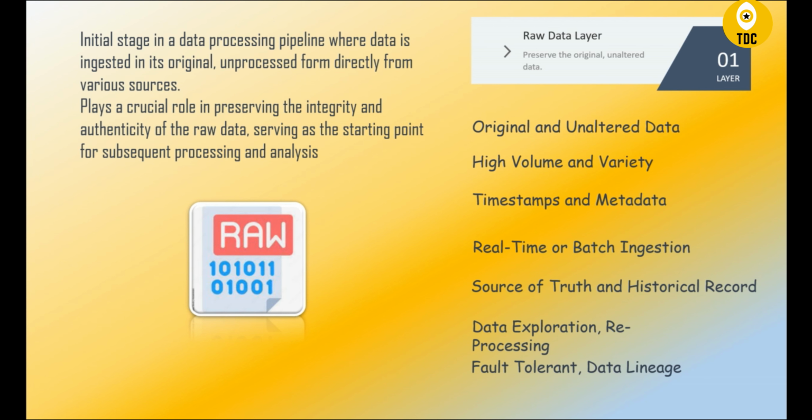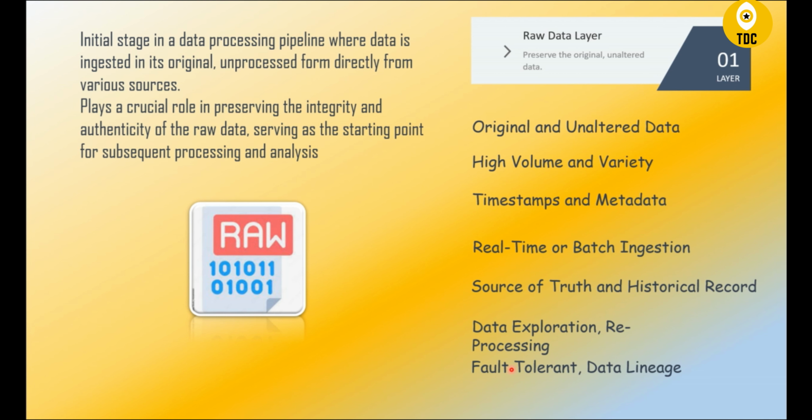Data exploration means when you are performing initial data exploration, you are still performing data analysis and you want to understand the data much better from all the different possible dimensions, from the data scientist's perspective and the analyst's perspective, to find different patterns, different anomalies, and different potential insights. The raw layer will be used for that.